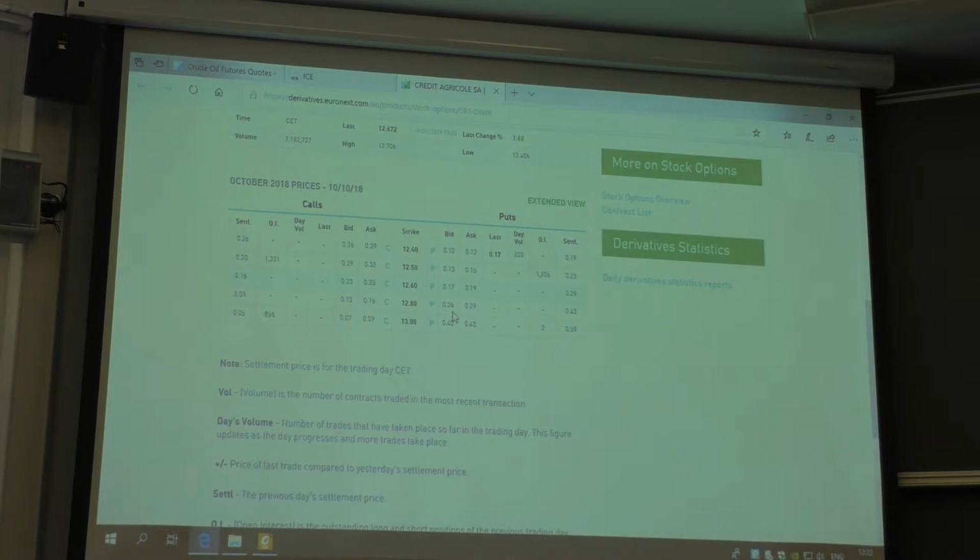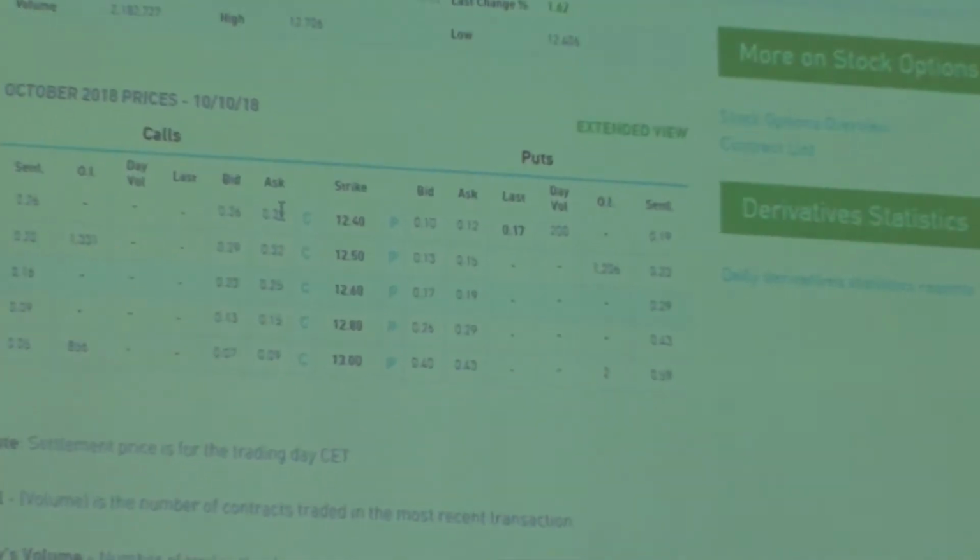If you sell this stuff, you're going to get 26 cents. We're going to ignore this difference between what you pay and what you get. We're going to assume that there is a unique price, which is a good approximation to what you're observing here. But let's see if we can make some sort of sense of the numbers there.